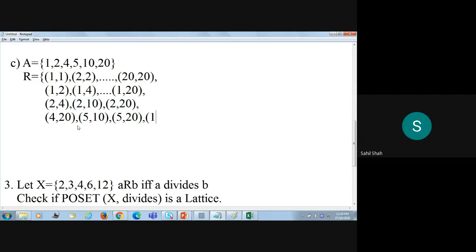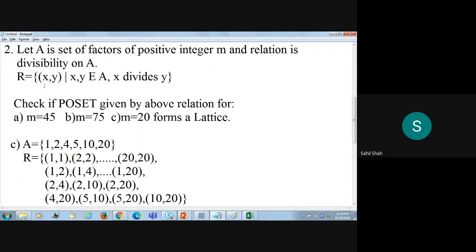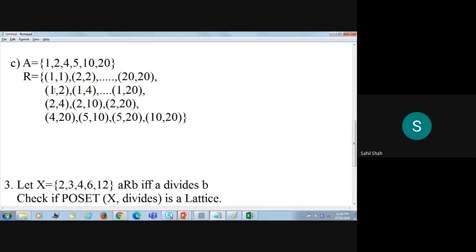Then 10 divides 20. So these will be the pairs present in your relation. Why? Because the relation is x comma y such that x divides y. So this relation we have drawn.